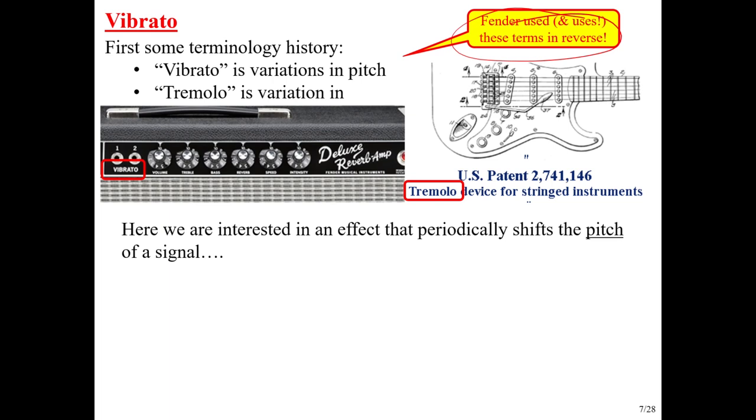So we're interested in vibrato, and we need to come up with a way that periodically shifts the pitch of a signal. But we have to be careful in how we shift the pitch to make sure that it stays musical, because there's a couple different ways we can think about changing frequency, and frequency is related to pitch.